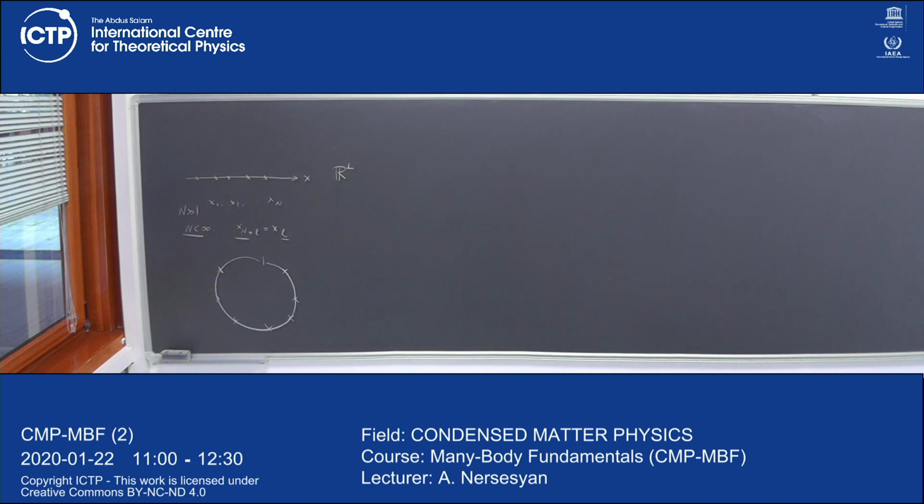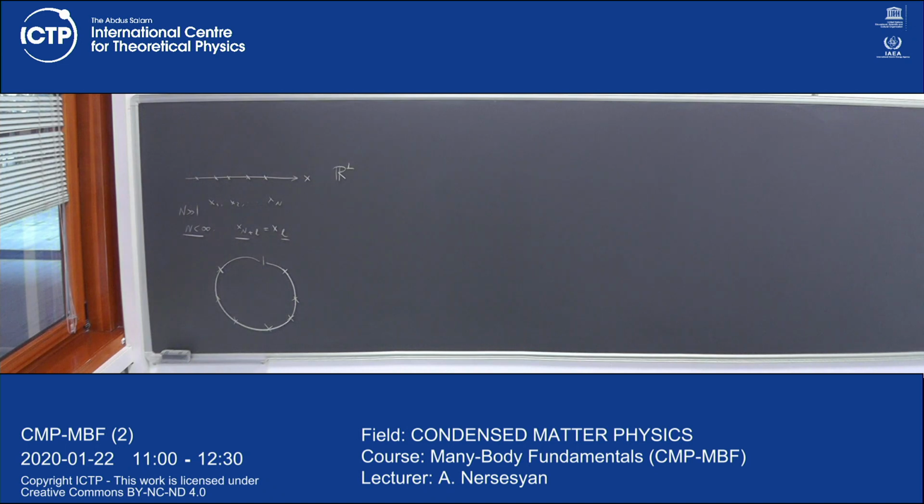If you want to describe points on a circle, you fix the location of the center, you draw the radius, and you determine the orientation by an angle. And the angle varies from 0 to 2 pi. It's a finite interval. This is a feature of all compact manifolds, like a sphere, for instance.